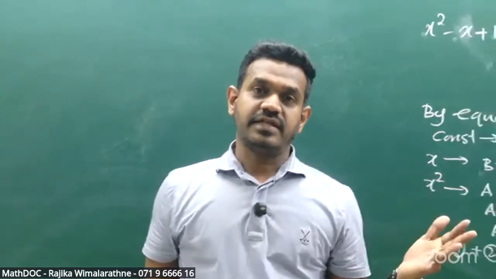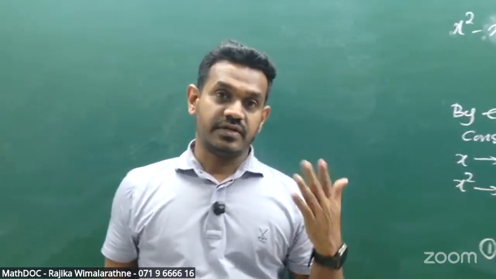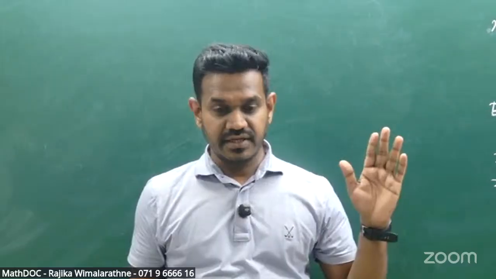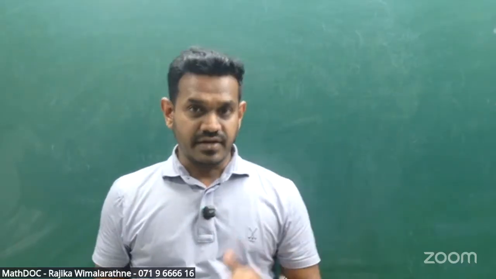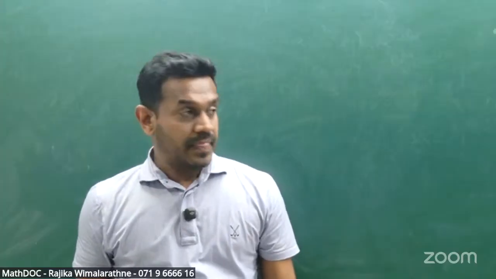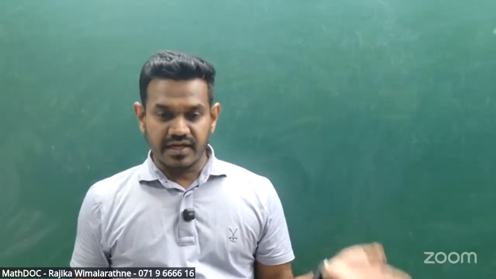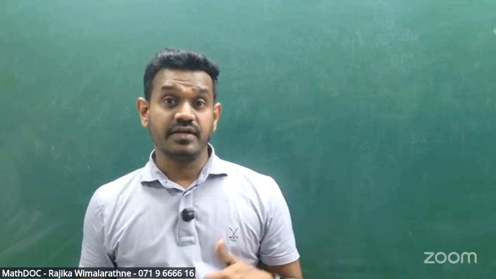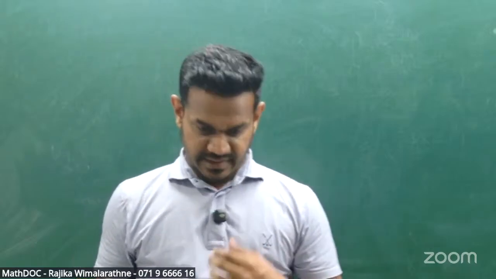Last day we did long division and synthetic division, which are used to find the remainder and quotient. Using this type of technique, we can again find the quotient and remainder. Okay.